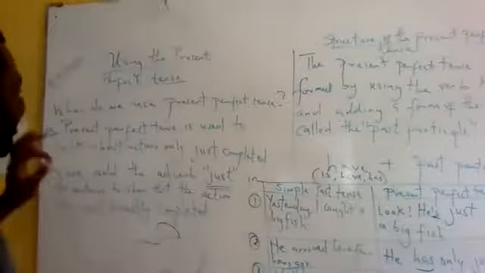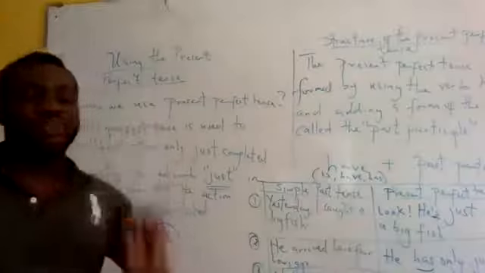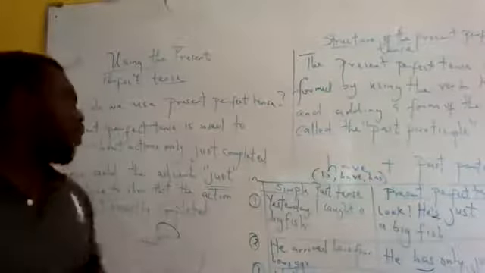Doing it in the present, in the moment, means you have a present perfect tense. This is why we said it is used to talk about actions that have only just been completed. I said that most times, not all the time, we had the adverb just in the sentence to show that the action was only recently completed.